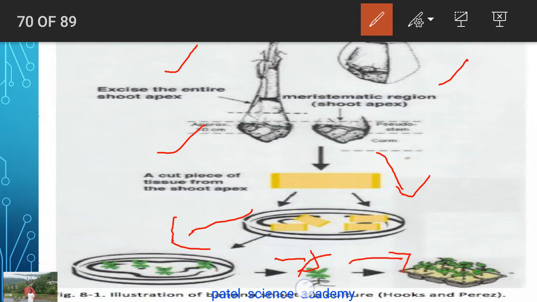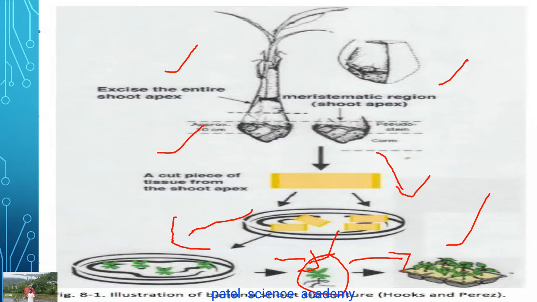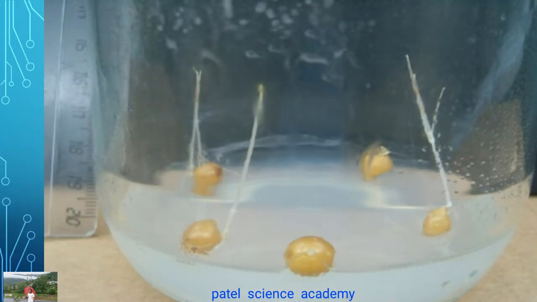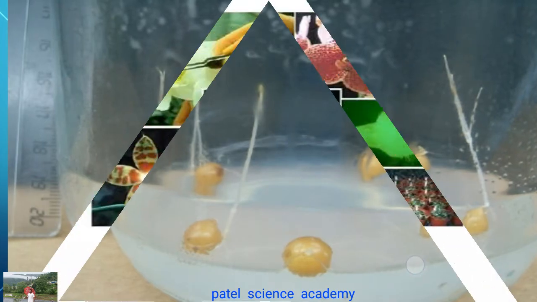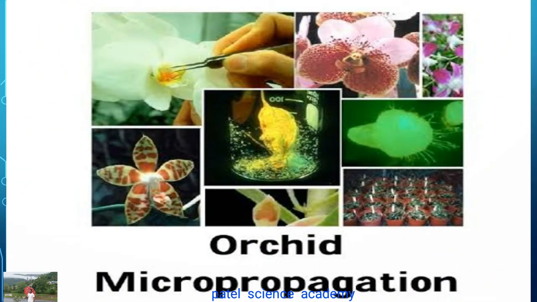So if you don't want to transport it, this small plantlet can be saved in the laboratory as a micropropagule, and then it can be used at any non-seasonal time. Dear students, you can also see here the micropropagules of this plant. Orchid micropropagation you can see here.